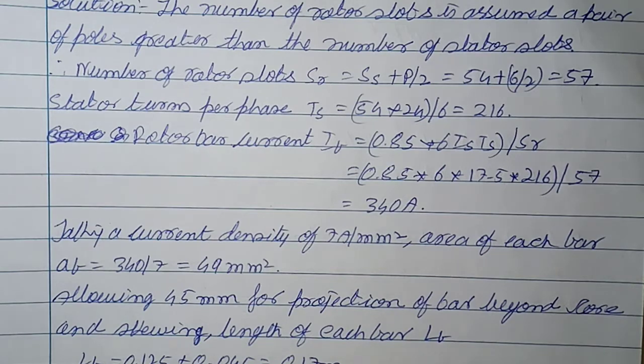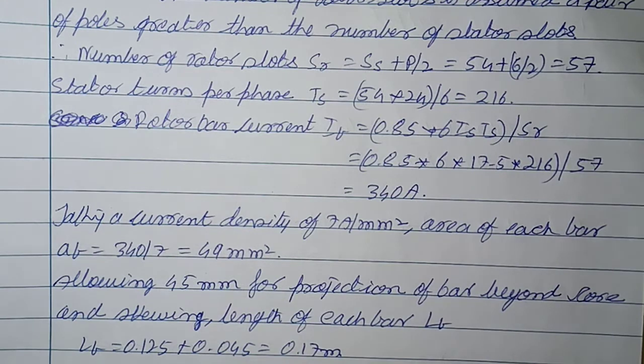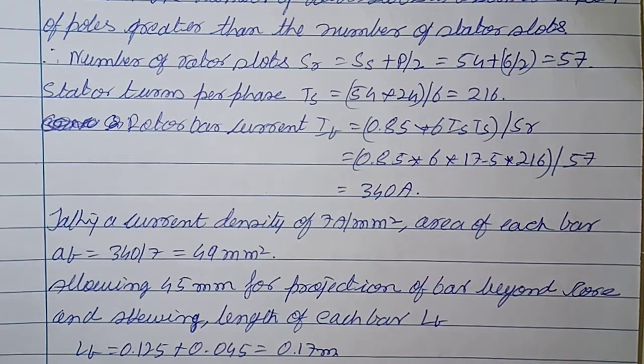Then allowing 45 mm for projection of bar beyond core and skewing, the length of each bar: earlier we had 0.125, with the addition of 0.045 for extra clearance, we get 0.17 meter.